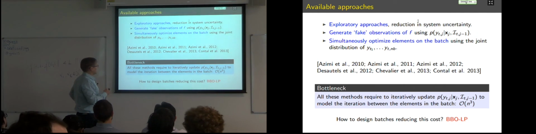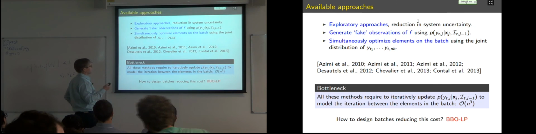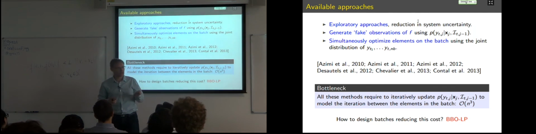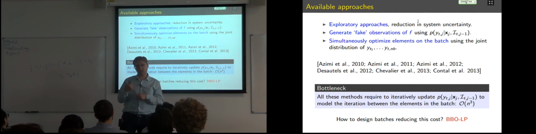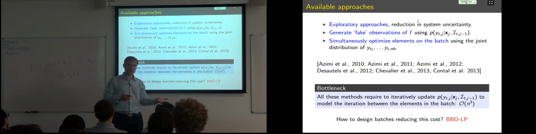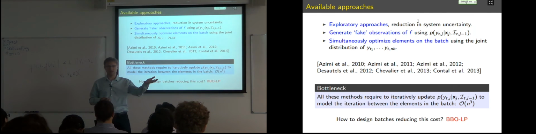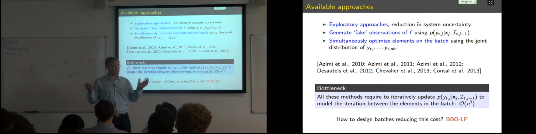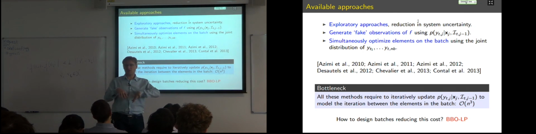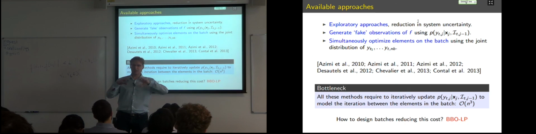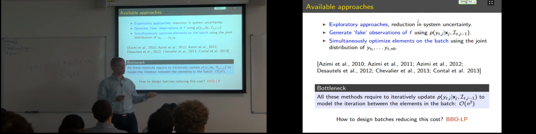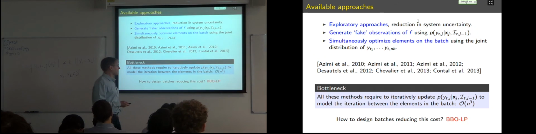So essentially, the bottleneck in all this process is, every time I collect a new element in the batch, I need to update the Gaussian process. That can be expensive. You can think, well, I can use a sparse GP or a distributed GP, but still this applies for all the techniques that you have. So if you have a way of avoiding updating the GP every time you collect a new element in the batch, that's better in any case, right?